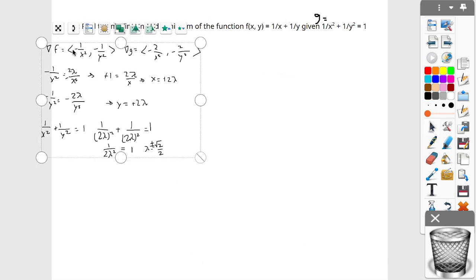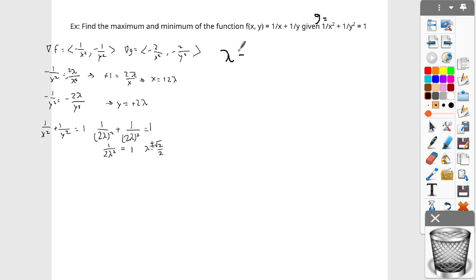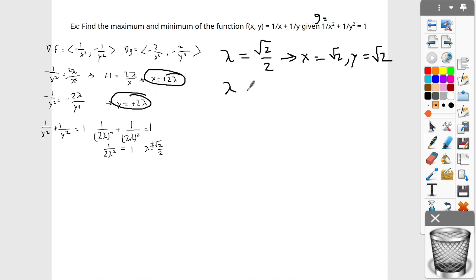So what if lambda is plus square root of 2 over 2? Then x is square root 2 and y is square root 2, because if I plug it into these equations, I will get those values. If lambda is negative square root of 2 over 2, both x and y are negative square root 2.